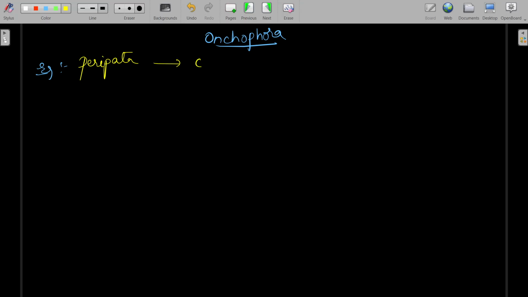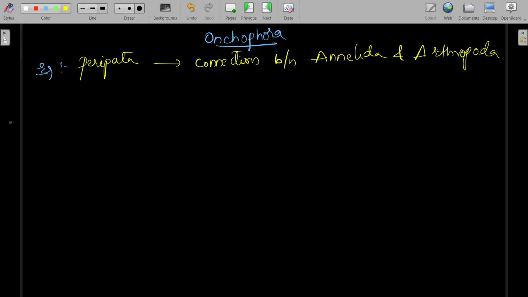This is the connection link between Annelida and Arthropoda. Okay. Next. So these are the 7 classes of Arthropoda.